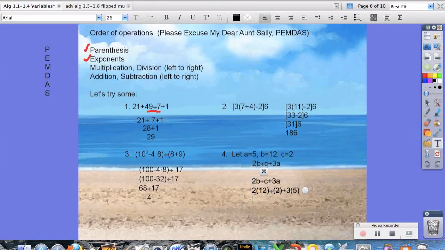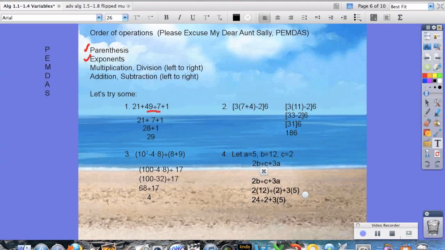So we're going to go through PEMDAS again. We have some parentheses, but that's because it's multiplication. We have no exponents, and then we have multiplication and division. So again, reading from left to right, we have 2 times 12, which is 24. And then it says divided by 2 plus 3 times 5.